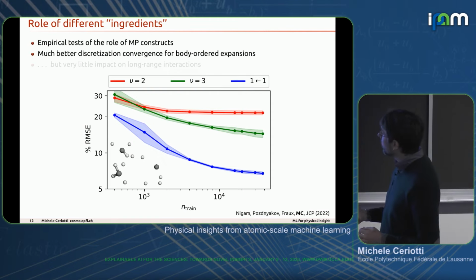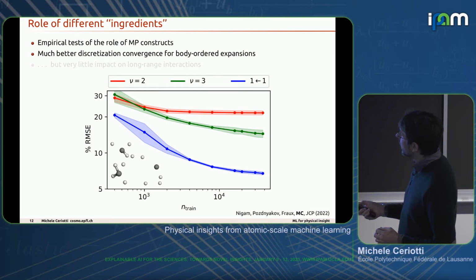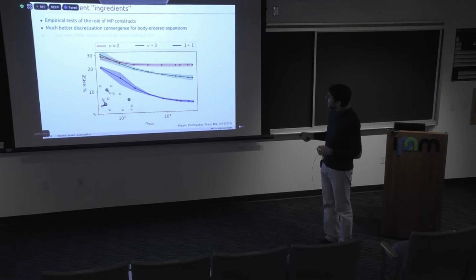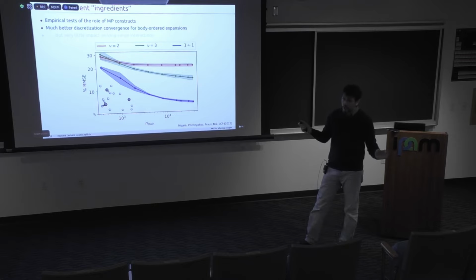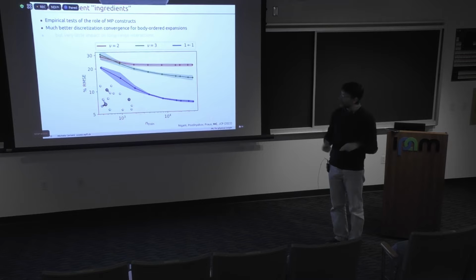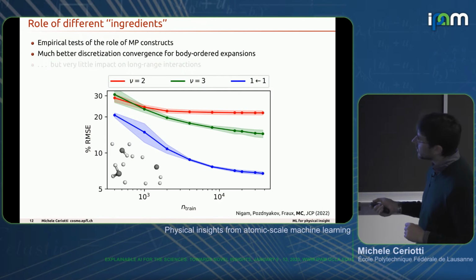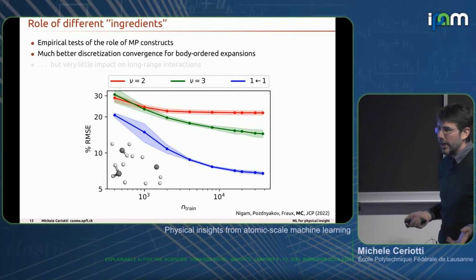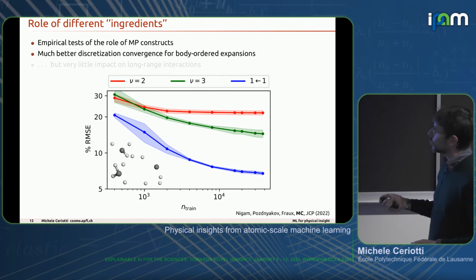So here, for example, I am comparing the learning curves for models that are built with linear regression. So the model is very simple. In one case, I'm using features that are restricted to two neighbor correlations. In another case, I'm using features that are restricted to three neighbor correlations, all centered around the same atom. And you see that there is a certain improvement in the accuracy because, of course, I now have a model that has more flexibility and it saturates later.